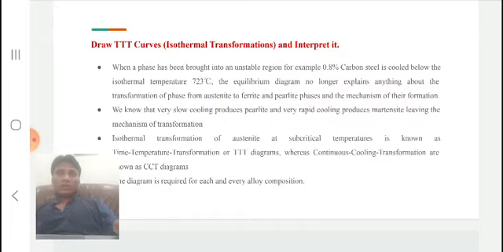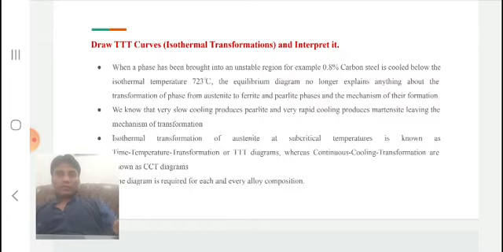The equilibrium diagram no longer explains anything about the transformation of phase from austenite to ferrite and pearlite phases, and the mechanism of their formation is also not explained in the iron and iron carbide diagram.